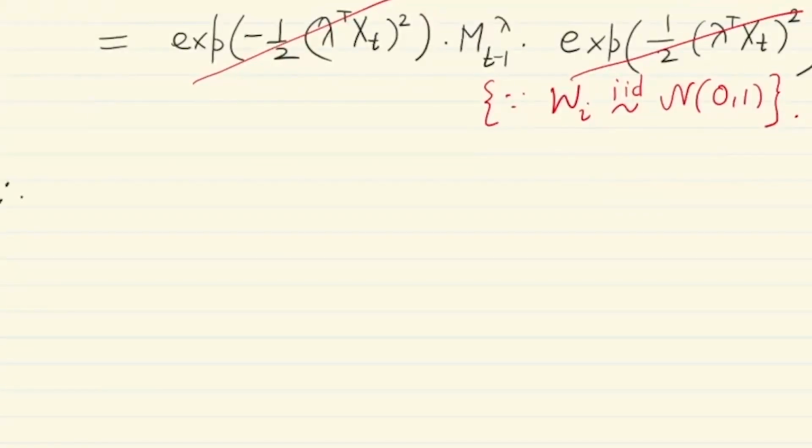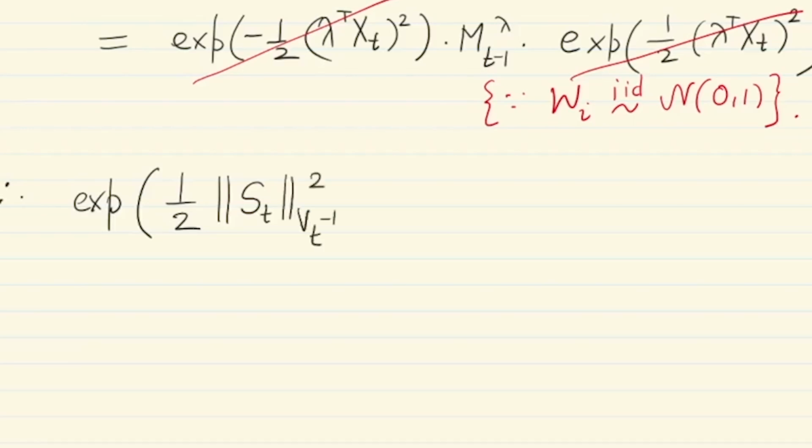So hence e raised to the quantity that we want to control, which is half S_t V_t inverse squared, is actually exactly equal to the supremum of a martingale at time t, of an uncountably large collection of martingales.